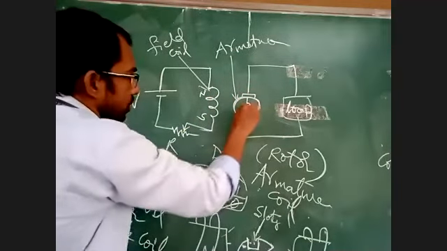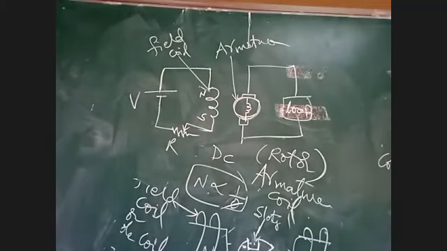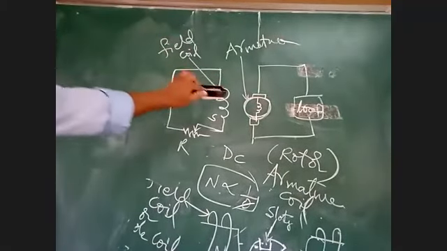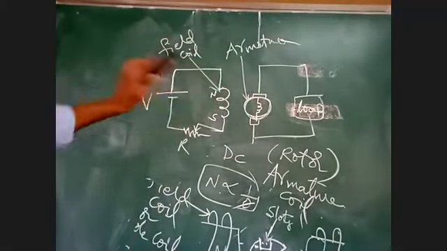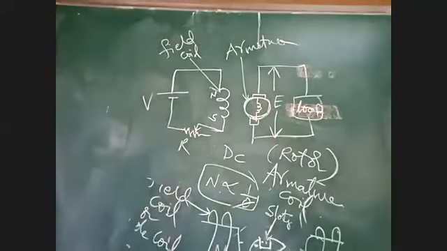This is the armature winding. In the armature, in the iron piece, we are having armature winding. Two windings totally: one is field winding and one is armature winding. Field winding is to make the iron piece as magnet, and in the armature winding, voltage E is induced.